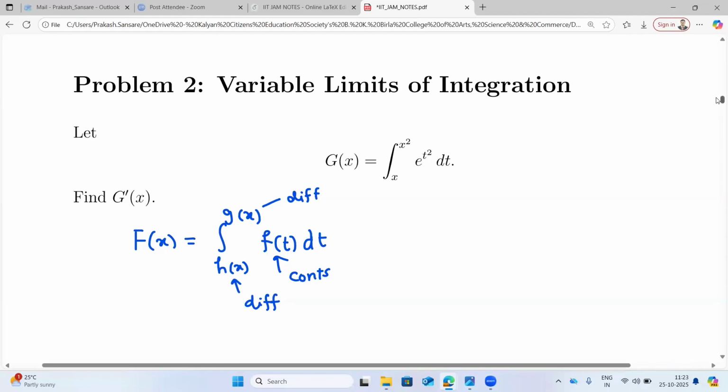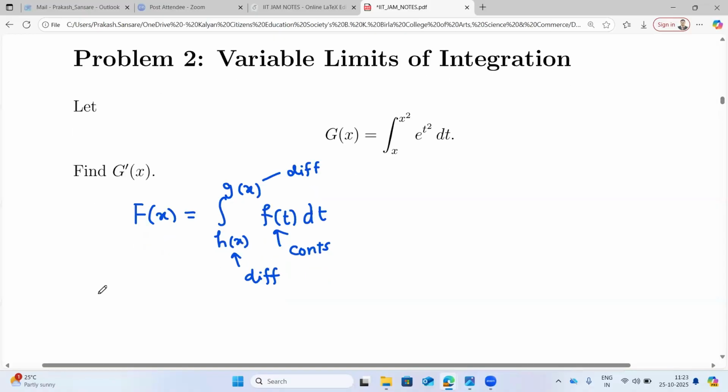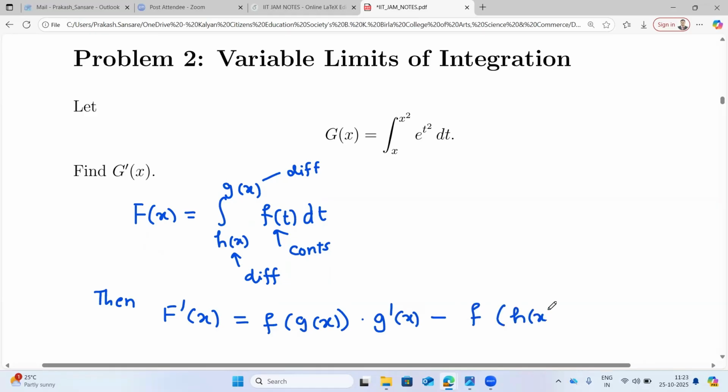then we can straight away say that f dash x is equal to f of g of x, f evaluated at the upper limit, into g dash x, minus f evaluated at h of x into h dash x.